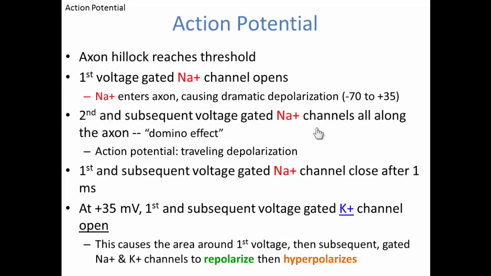But +35 is the magical number we have to achieve in order to open our first voltage-gated potassium channels. So at +35 millivolts, the first and then the rest of the voltage-gated potassium channels will open. And this is going to cause the areas around the voltage-gated sodium and voltage-gated potassium channels to repolarize, and then they kind of overdo it a bit and they hyperpolarize.